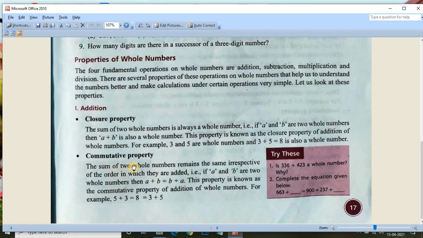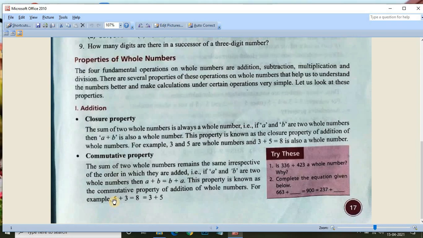The sum of two whole numbers remains the same irrespective of the order in which they are added. If a and b are two whole numbers, then a plus b equals b plus a. You can see this example and you will understand. This property is known as the commutative property of addition of whole numbers.